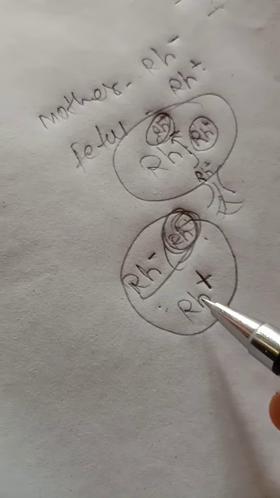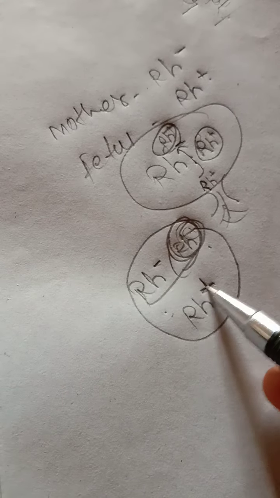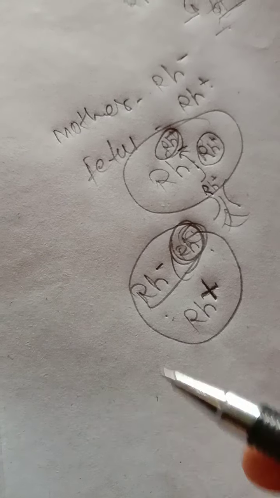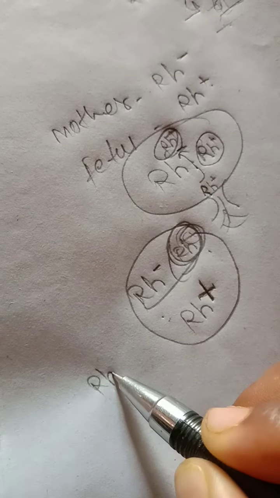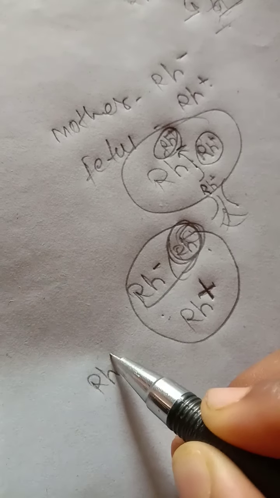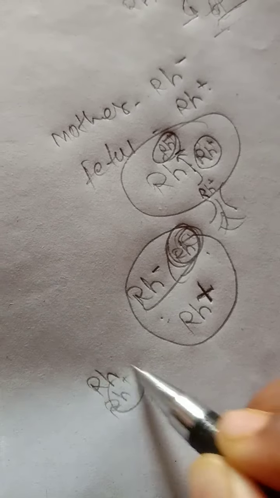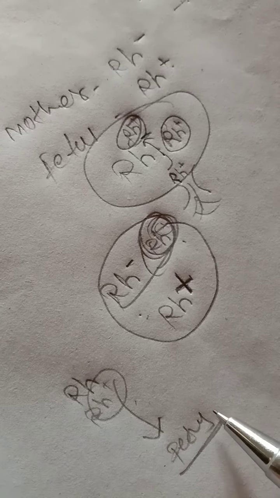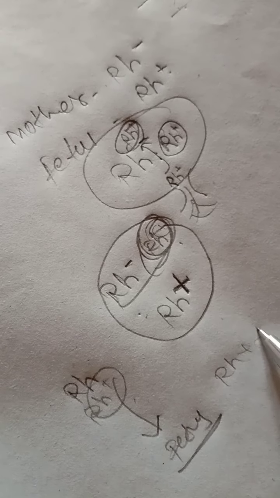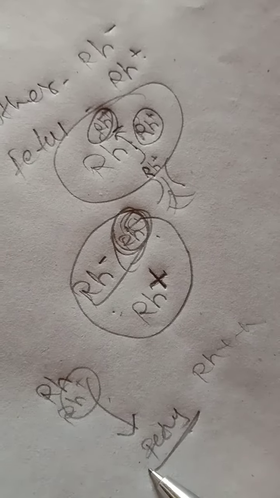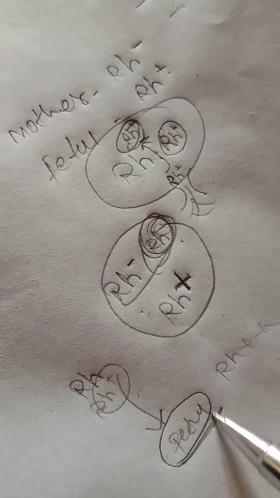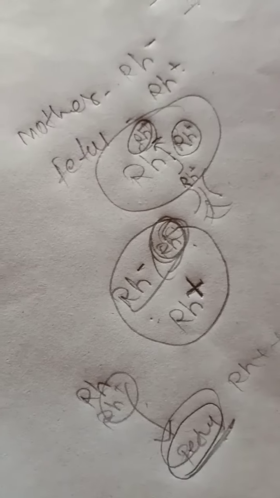So when the fetus is formed with Rh positive blood, automatically through the placenta these Rh antibodies may enter the fetus, and there occurs an agglutination of Rh positive and Rh negative. So this may lead to the collapse of the fetus. Okay, this is the collapse of the fetus.